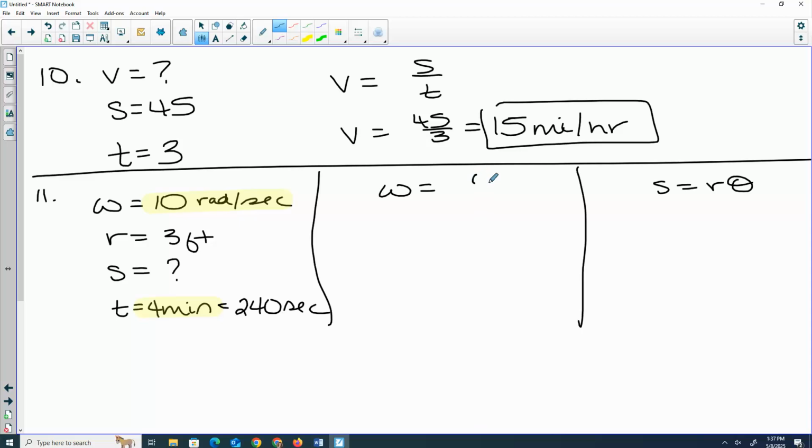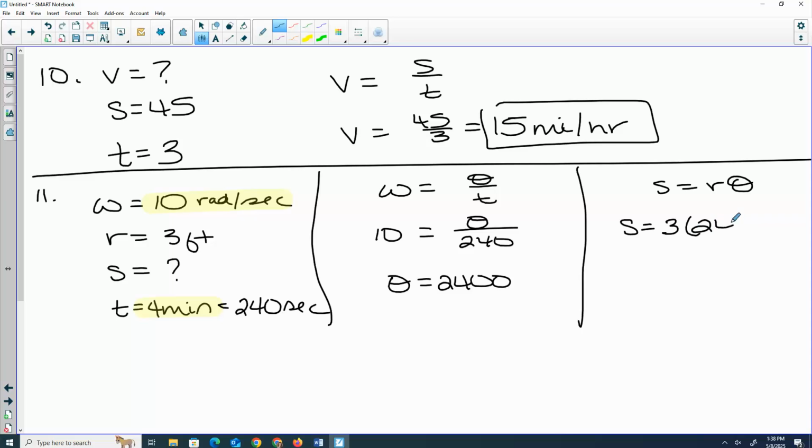So we could do omega equals theta over T. So omega equals 10 equals theta over 240 because we're in seconds. You multiply that over, theta is 2,400. So S is 3 times theta, so 3 times 2,400. We get 7,200 feet.